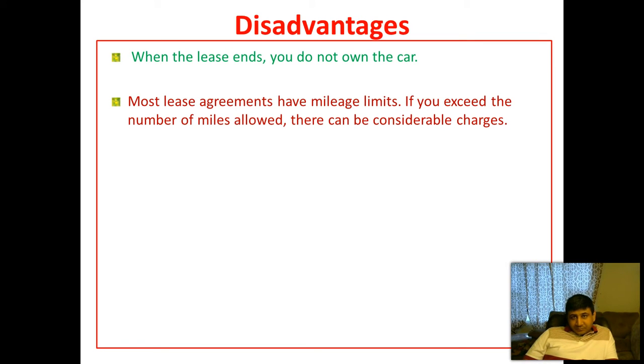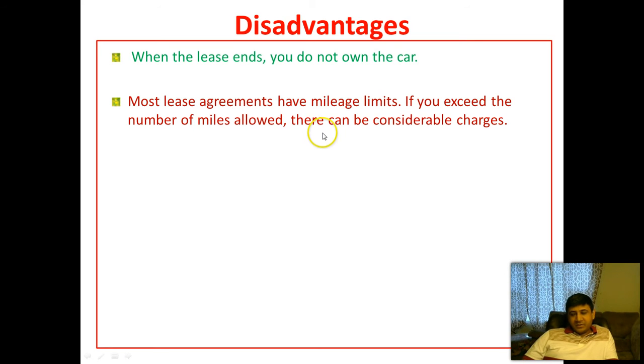Second thing is, most lease agreements have a mileage limit on them. So it's 10,000 or 12,000, a mutually agreed mileage number by the dealer. And if you go beyond that number, they can charge you per mile. Some miles add up pretty quickly, so the dollar amount does too.